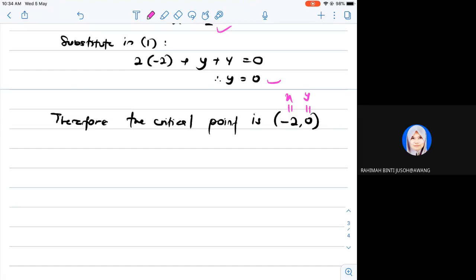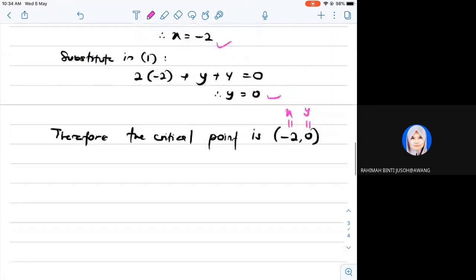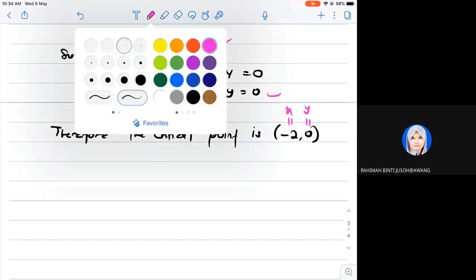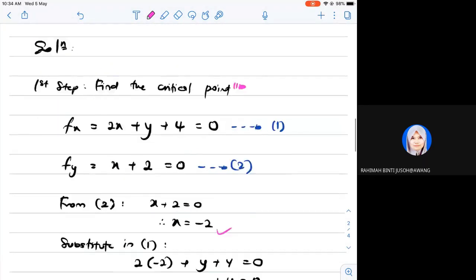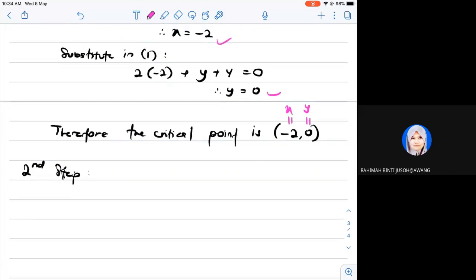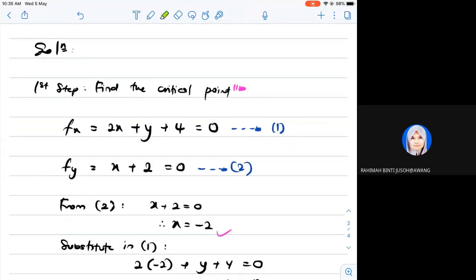Be careful. Okay. So, second step, we need to find the second partial derivatives. Find fxx. fxx means you have to differentiate this again with respect to x.